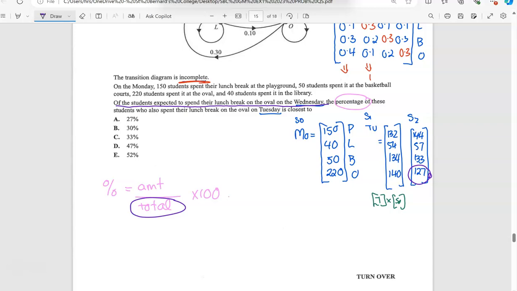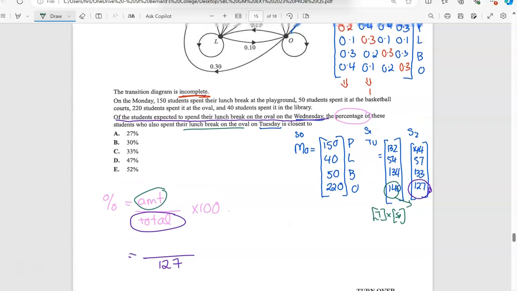So of the 127, the percentage of these students who had spent their break on the oval on Tuesday. So we want the ones that were on the oval on Tuesday that moved on to oval. So of the 140, how many go back to oval? Yeah, 30% go to oval.